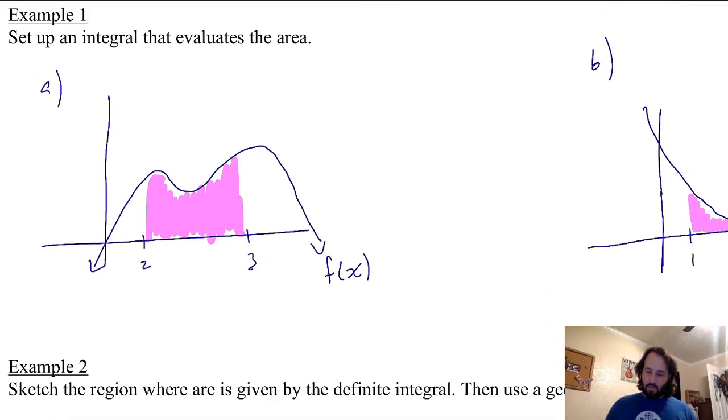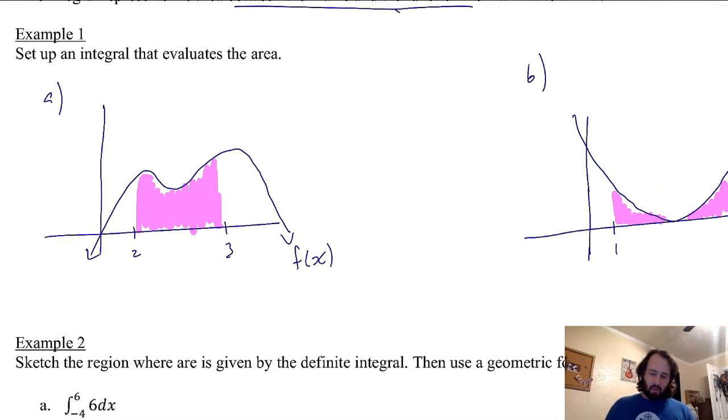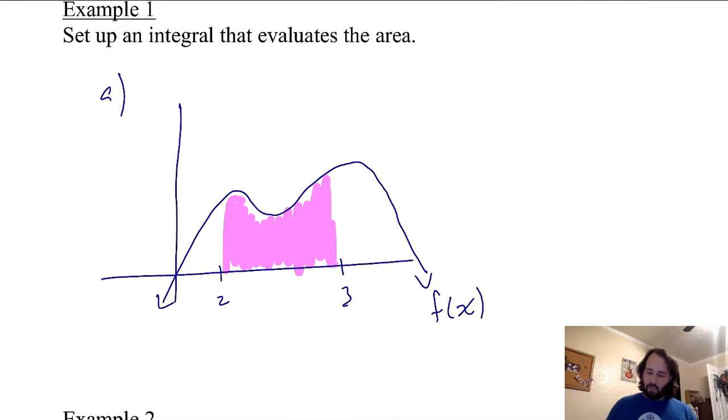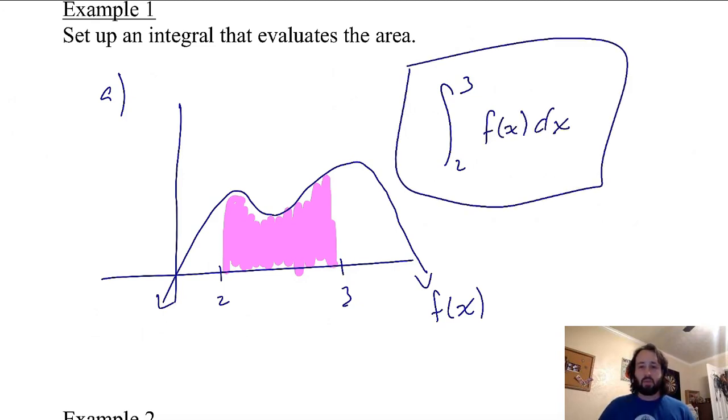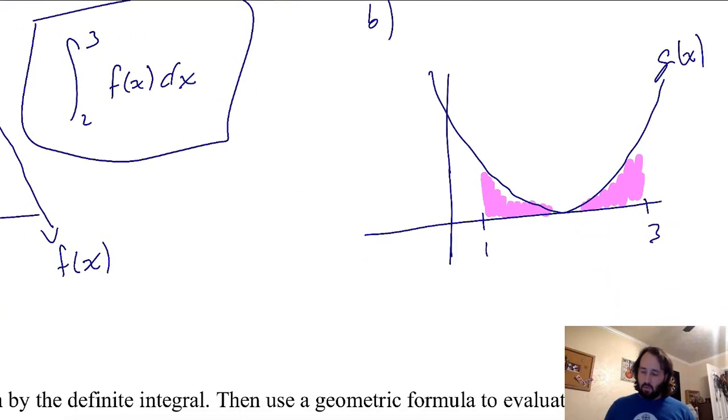Okay, so this first part is just set up an integral that evaluates the area of each function. So I'm doing it from 2 to 3 of my function f of x, whatever it is, dx. That's it. That represents the area between the x-axis and the function from 2 to 3. All right, moving on.